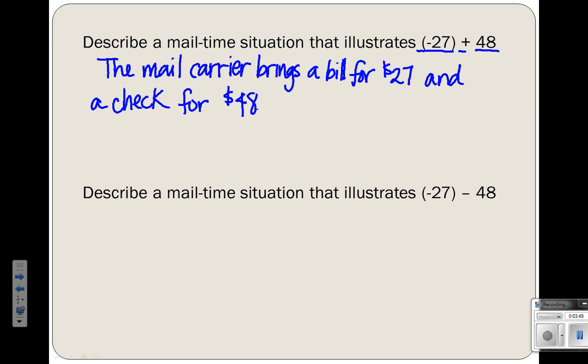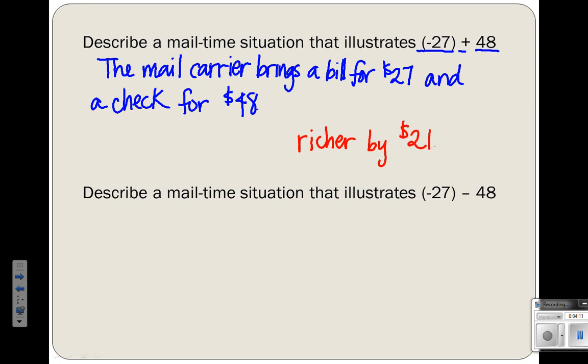Okay, now there will be times where they'll ask you, are you richer or poorer? So if he brings you a bill for 27 and a check for 48, the check outweighs the bill. So in this case, you would be richer by $21.